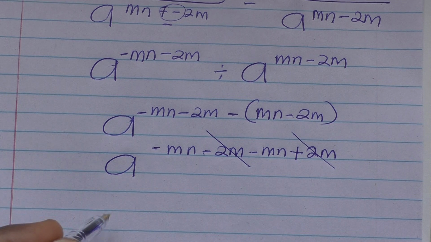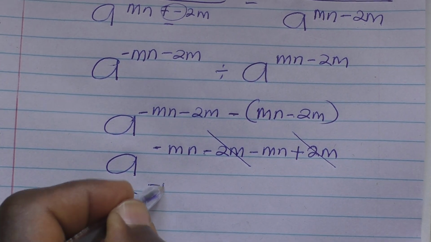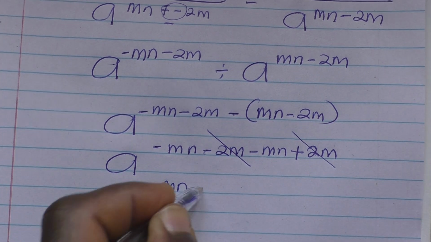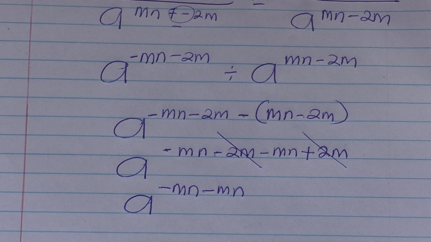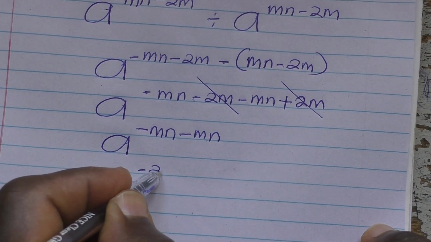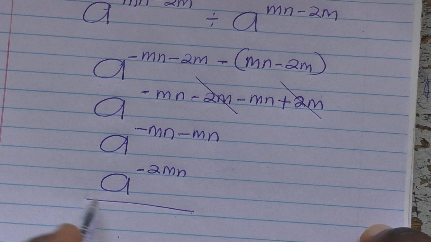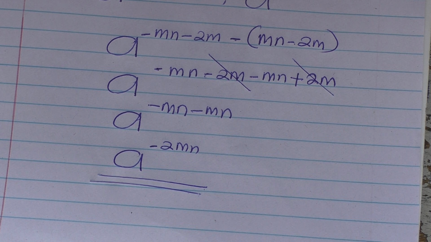So that will remain with a power negative mn minus mn. These are the same. Therefore, we just add them together so that we end up with a power negative 2mn as our simplified answer.